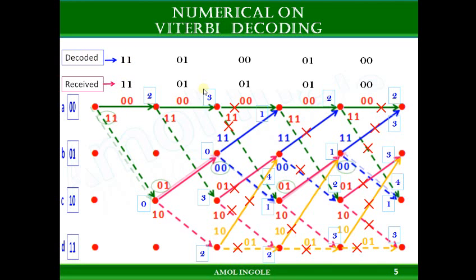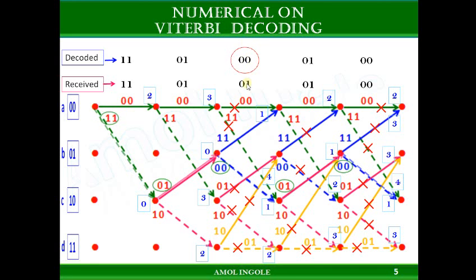If you compare the received one and the bits taken from this path, like 1 1, this is 0 1, this is 0 0, this is 0 1. In each time step you have to write that, and this is 0 0. You will find that the received code word and the decoded one differ here, right? In this packet, exactly at this bit, the 6th bit, it's differing.